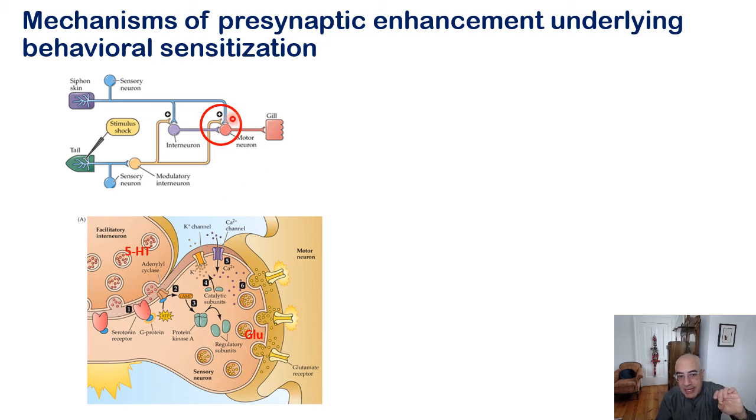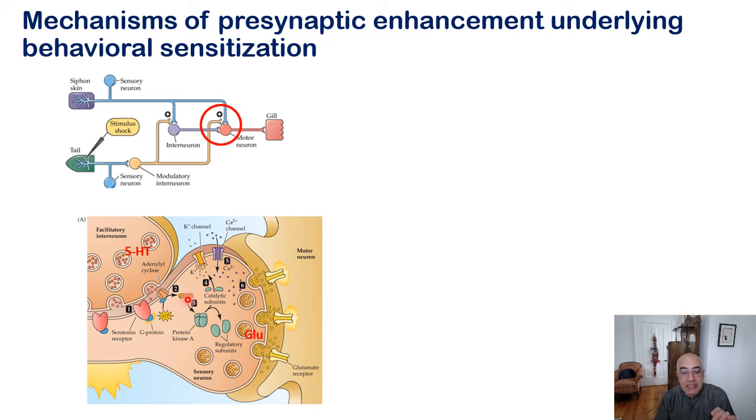However, when the serotonergic modulatory neuron becomes active, it releases serotonin, and the serotonin receptors are on the presynaptic terminal. So this modulatory neuron is acting presynaptically through these receptors, and these receptors act to activate adenylyl cyclase. Adenylyl cyclase, as I told you, is a membrane-bound protein that converts ATP to cyclic AMP.